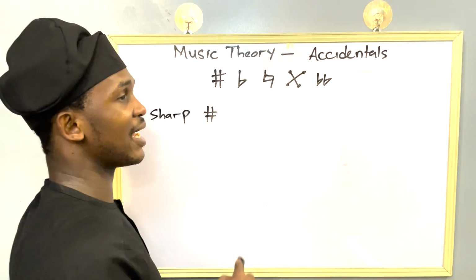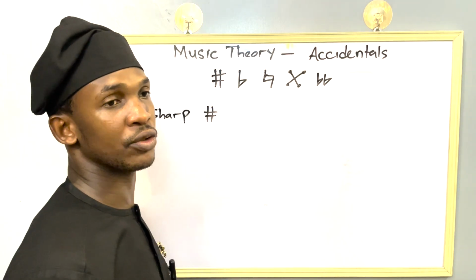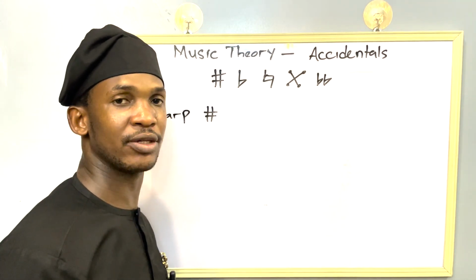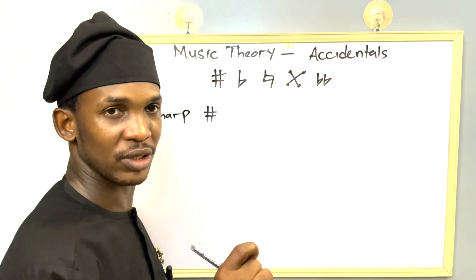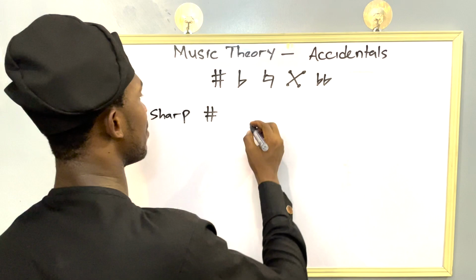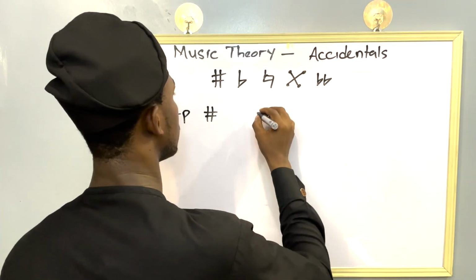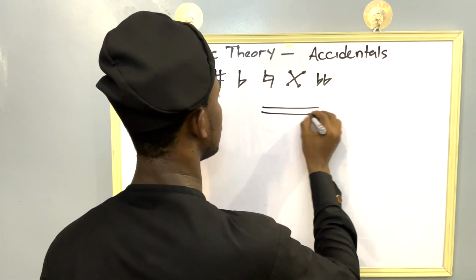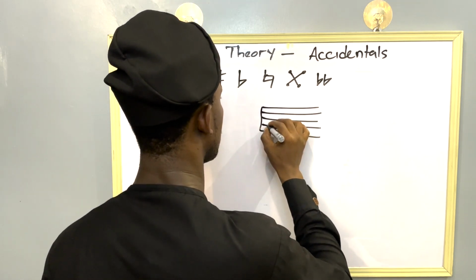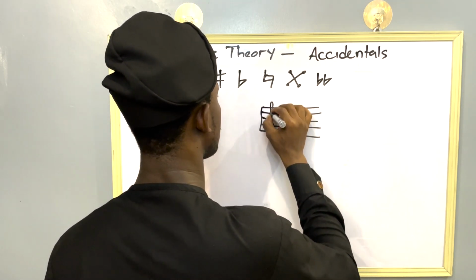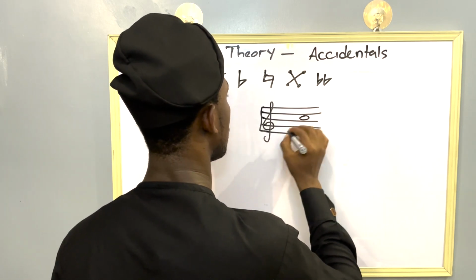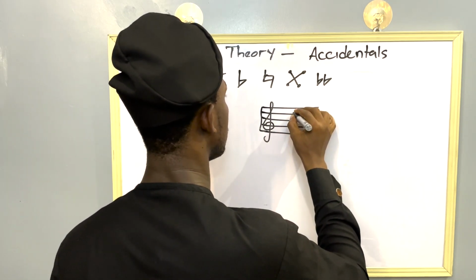So a sharp sign, when it is placed in front of a note, raises the pitch of that particular note by a semitone. For example, say we have a treble staff here, and we have a note here, and then we have a sharp.